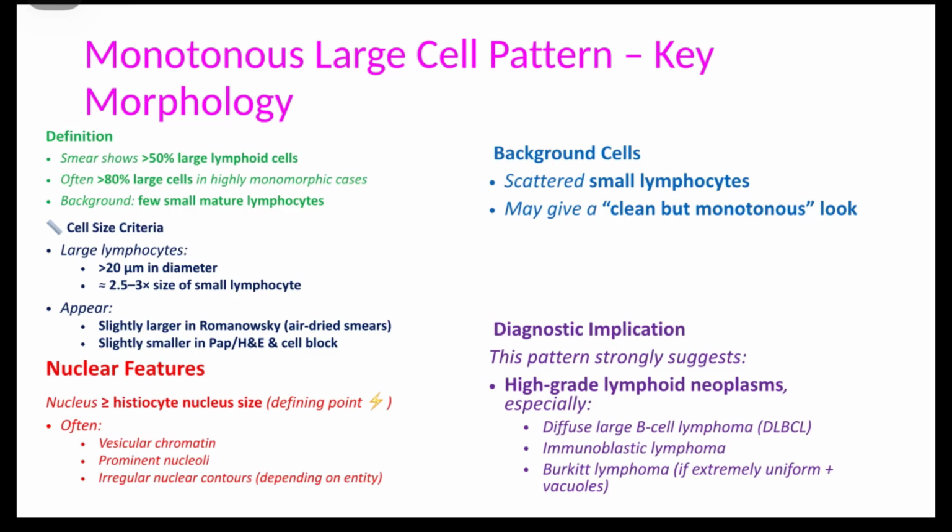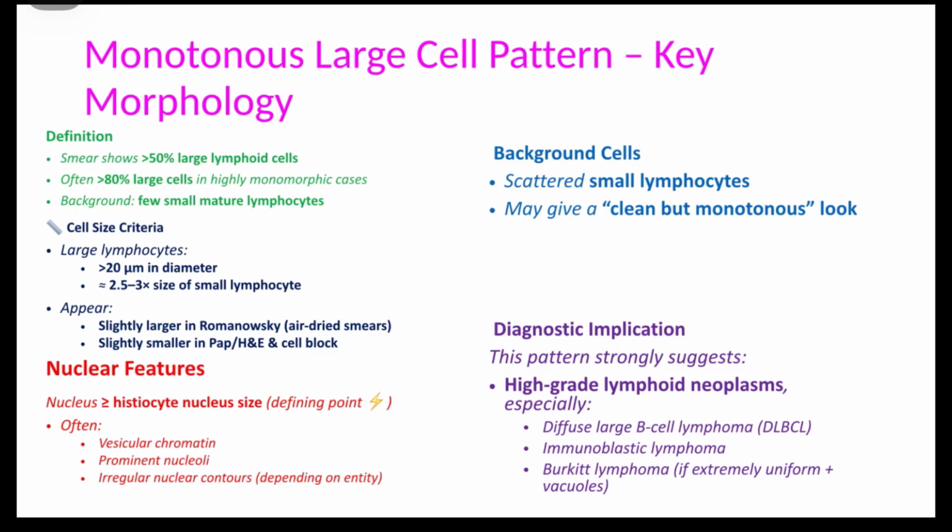Now, if we compare nuclear features, the nucleus is more than or equal to the size of histiocyte nuclear size, having vesicular chromatin, prominent nucleoli, regular nuclear contour depending upon the entity, and background shows scattered small lymphocytes and it may give a clean but monotonous look.